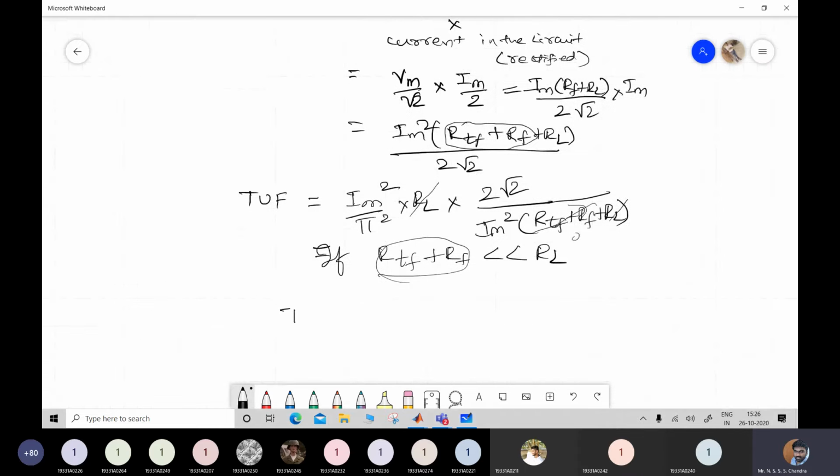Im squared also gets cancelled. You will be left with TUF nearly equal to 2 root 2 by pi squared. Now tell me the value of 2 root 2 by pi squared.